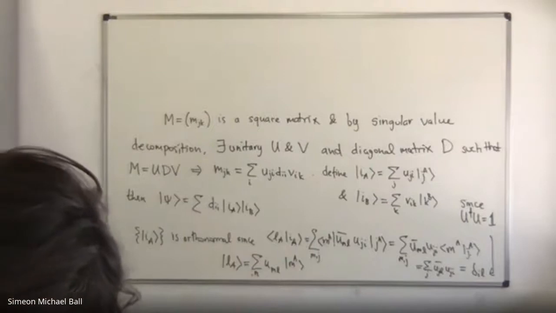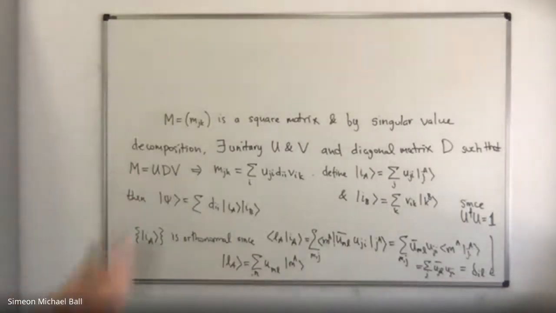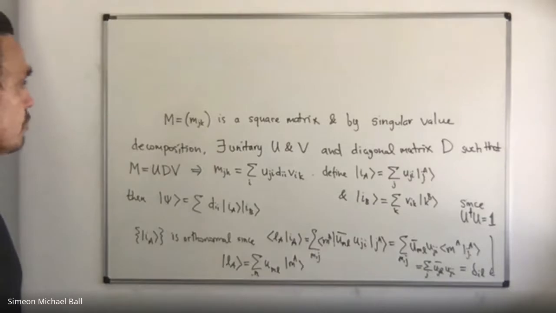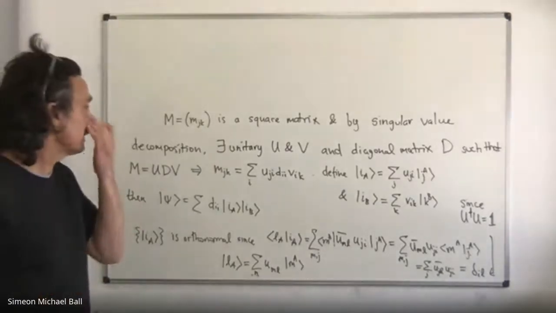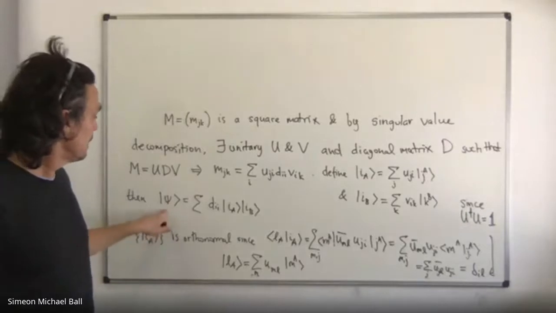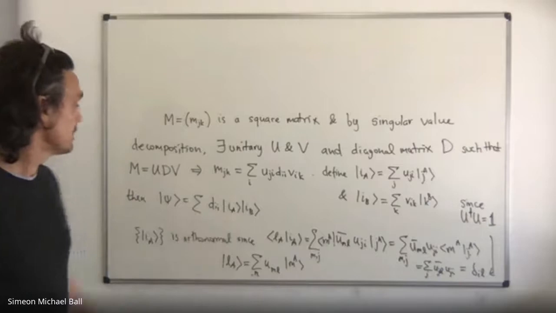I don't seem to have a good example here. Anyway, you can think of one yourself. It's good to play with. Just have a try and calculate exactly a Schmidt decomposition for some state.